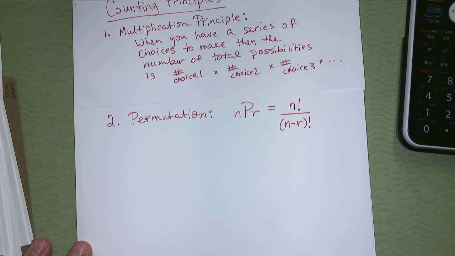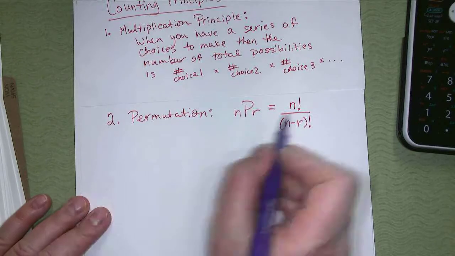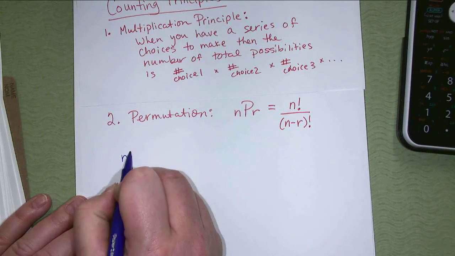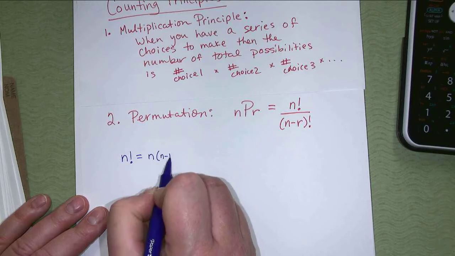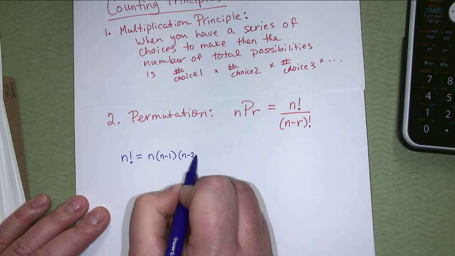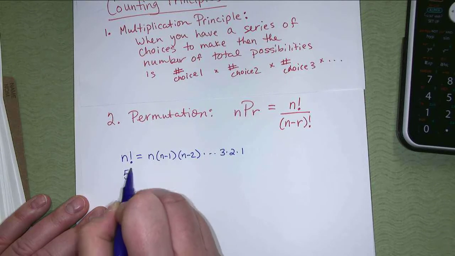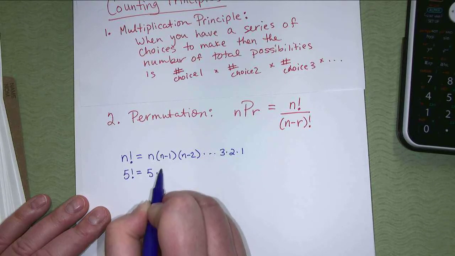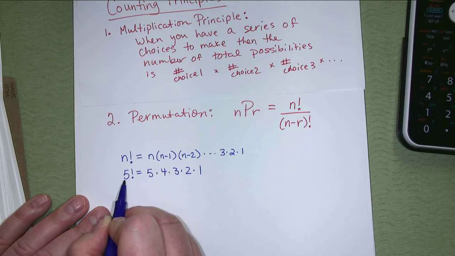Does everyone know what factorial is? That exclamation point? It's n times n minus 1 times n minus 2 all the way down to 3, 2, 1. So for example, 5 factorial is 5 times 4 times 3 times 2 times 1. It's that number multiplied by all the numbers under it.